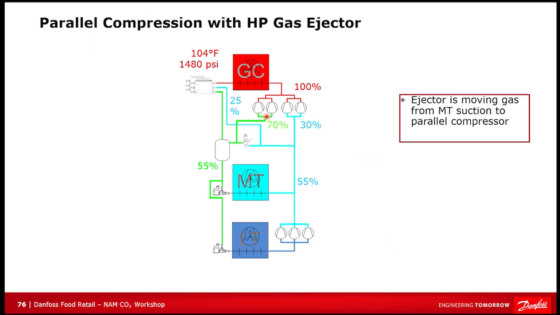And so now that refrigerant that we've pulled off of the medium temp suction is being compressed at a smaller compression ratio, which is using less energy. So we will always see the ejector, a high pressure vapor ejector, being utilized along with parallel compressors.